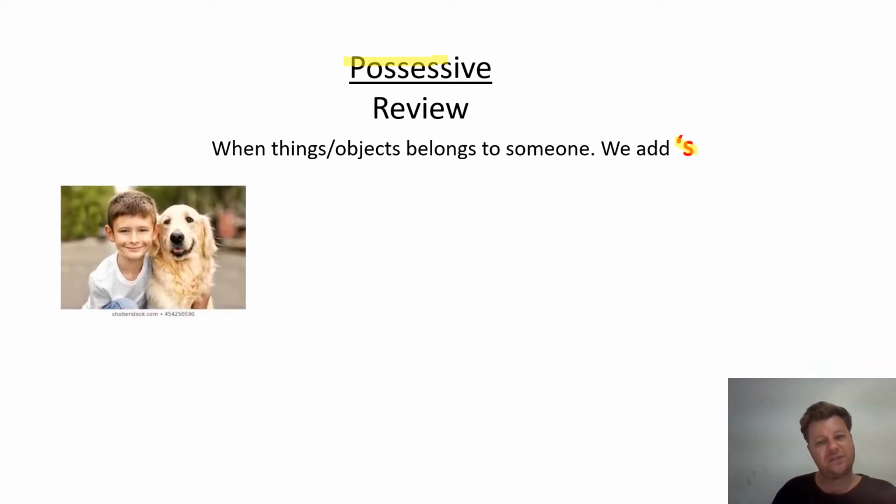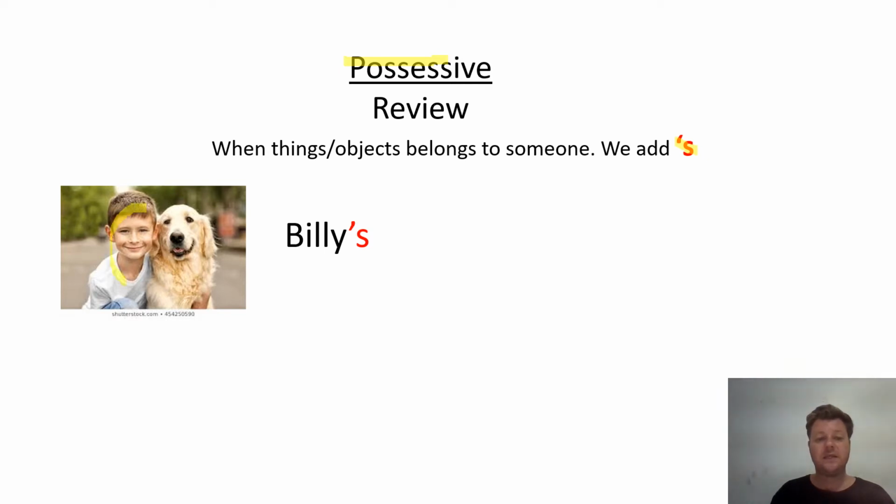Let's look at a few examples. Let's look at this picture. So tell me what you can see, P1. Yeah, we can see a boy and a dog. Yes, a dog is an animal, right? Okay, let's look at our sentence. Billy. Billy is the name for a boy.